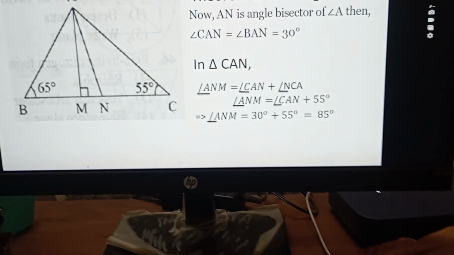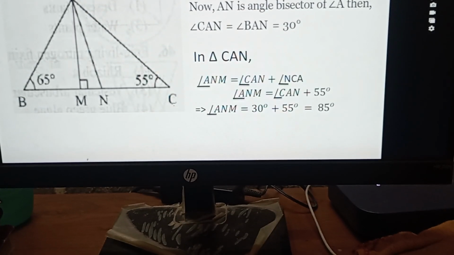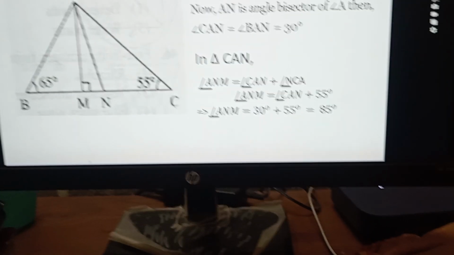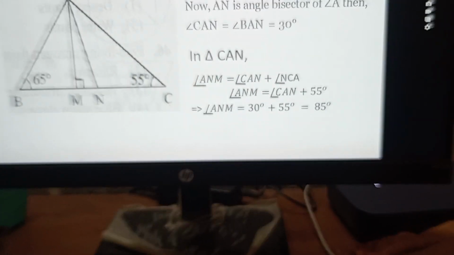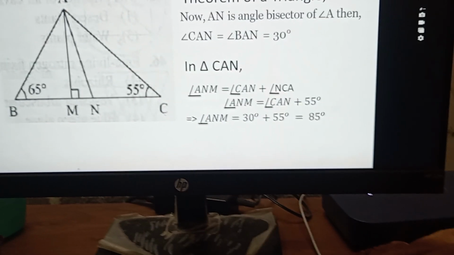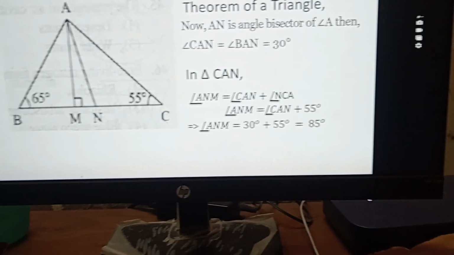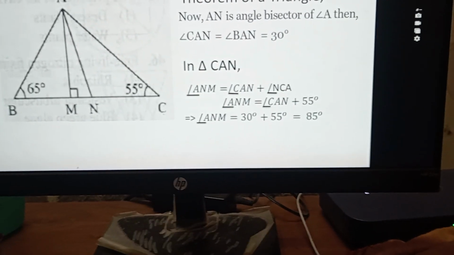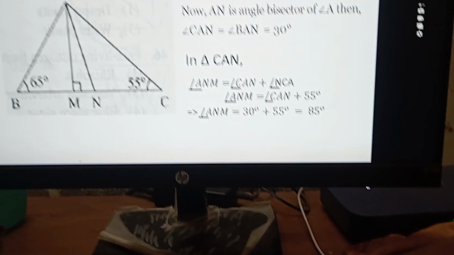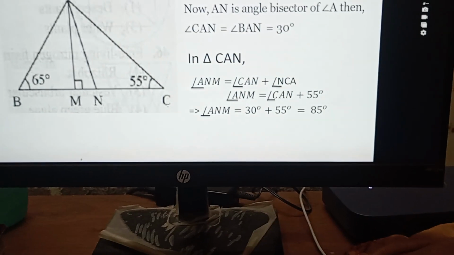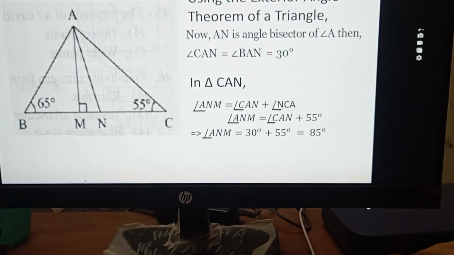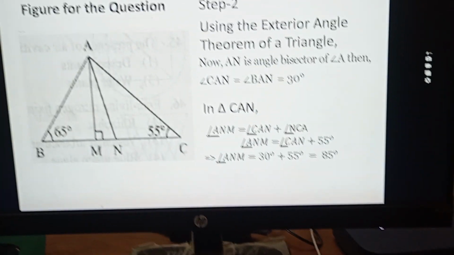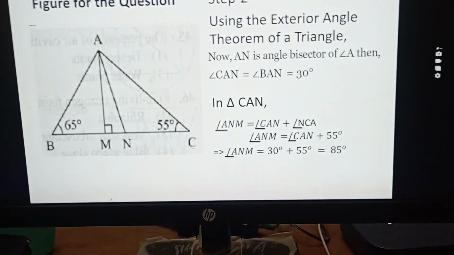So angle ANM is equal to angle CAN plus angle NCA, which is already angle C itself, 55 degrees. So we can write it as angle CAN plus 55 degrees. So angle ANM is equal to 30 degrees, because CAN we have already known that it is 30 degrees, plus 55 degrees is equal to 85 degrees. So in this second step, we have obtained the angle ANM.